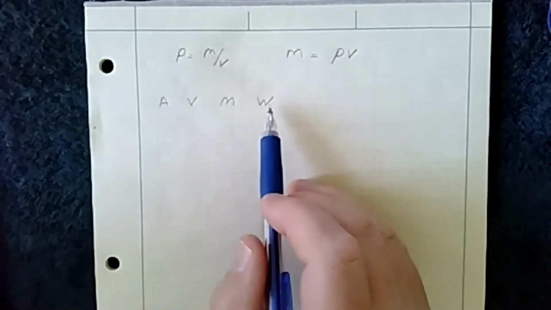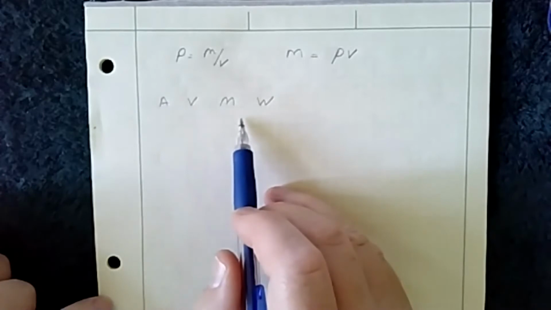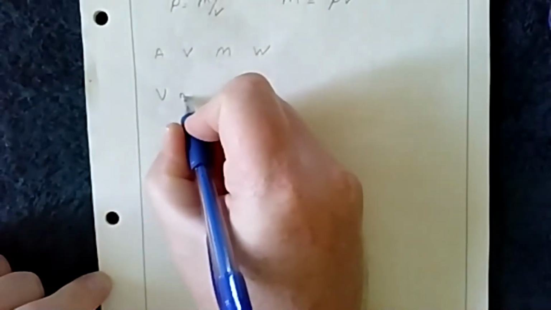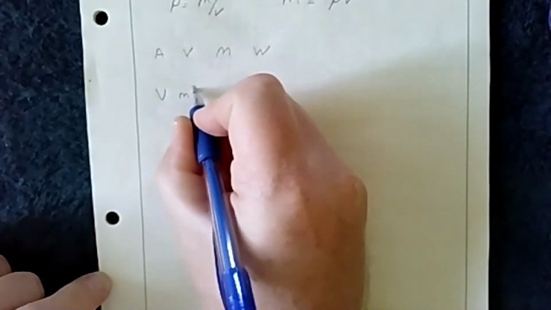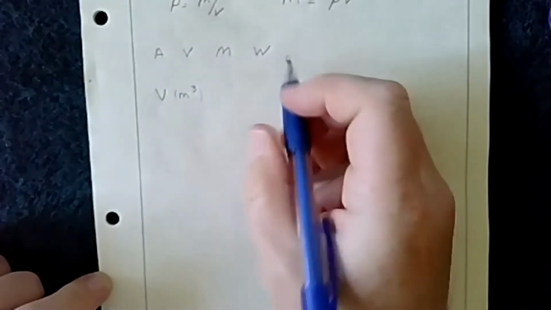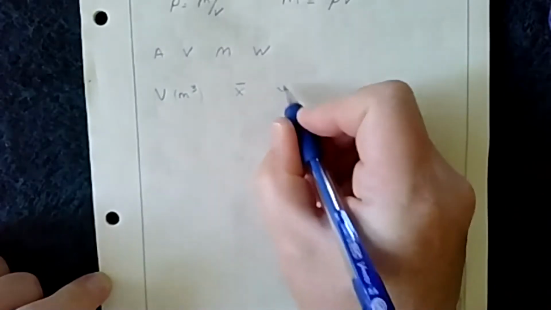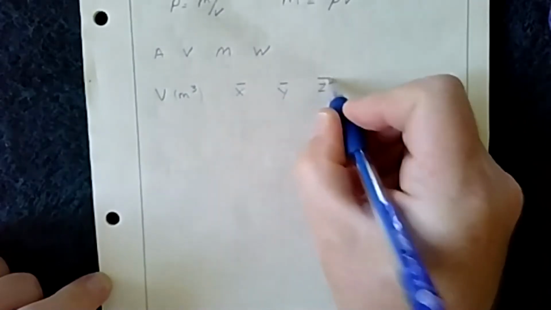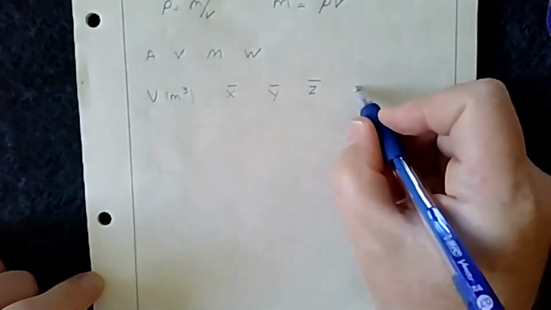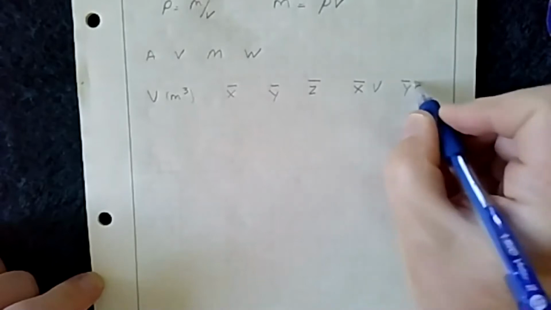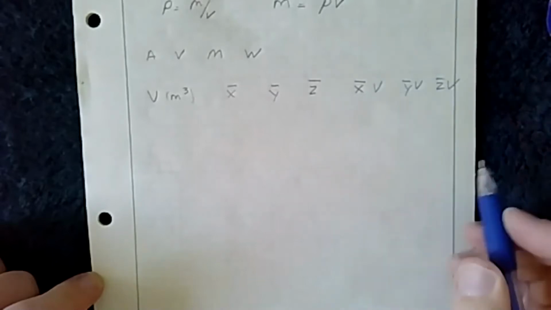The main thing is that normally with a 3D object where everything was the same, you'd have volume, let's say in meters cubed. Next to it you'd have your X bar, your Y bar, and your Z bar, and then your X bar times volume, Y bar times volume, and Z bar times volume.